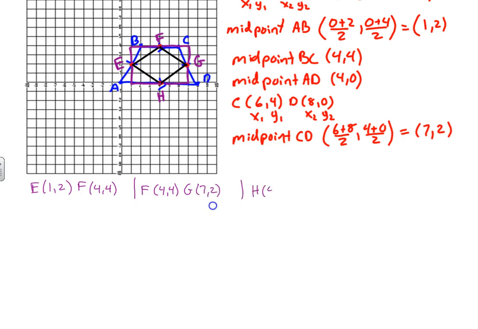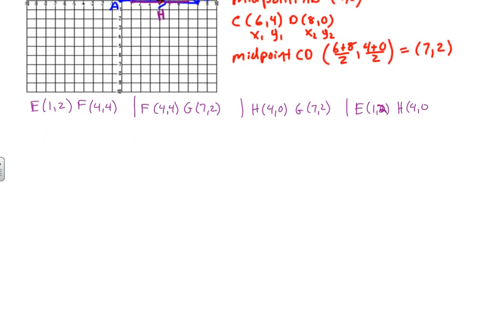H is 4, 0, and G is 7, 2. And then we've got one last side, which is EH. E is 1, 2, and H is 4, 0. I think this is a rhombus, so all of these should be the same. I'm going to check that using the distance formula.